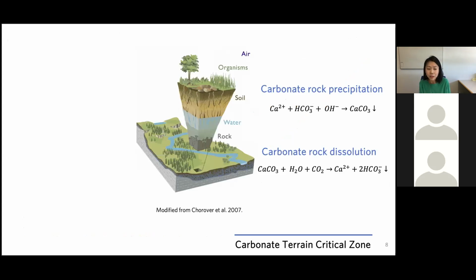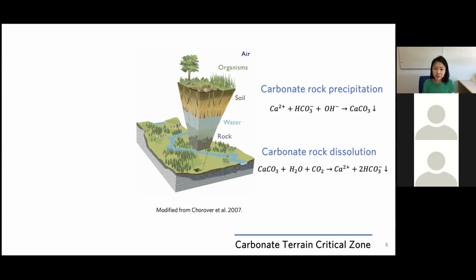You probably have heard about this idea of the critical zone. The concept of the critical zone is what we think of as the so-called skin of the earth, which is very important, extends from the unweathered rock to the canopy, sustaining almost the entire terrestrial ecosystem.